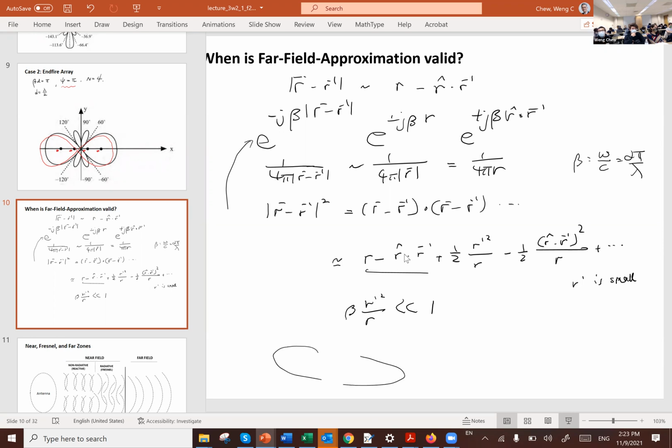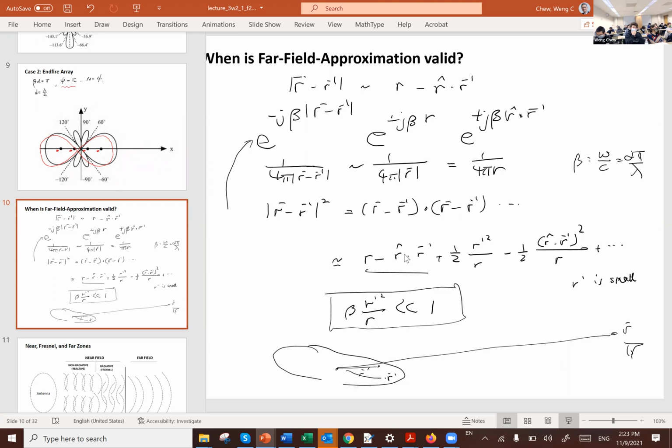This gives you a certain notion of sizes. If you have an antenna, r prime is your source location and r is the observation point. The criterion says that the ratio of the source point to wavelength, compared to the distance to the observation point, has to be much less than 1.